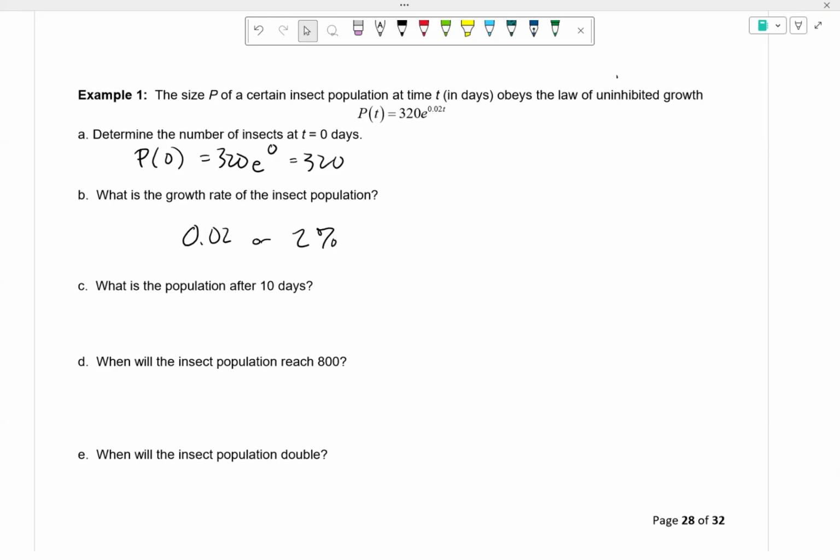Always 3 unless otherwise stated. Check with the neighbor once you get an answer. For D, we're skipping C.